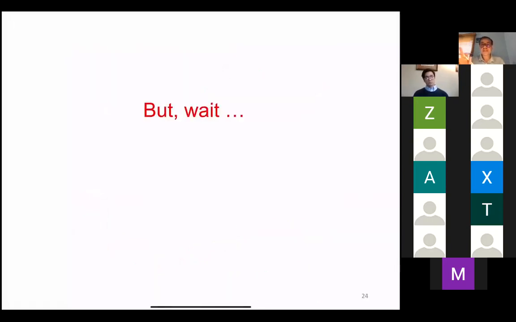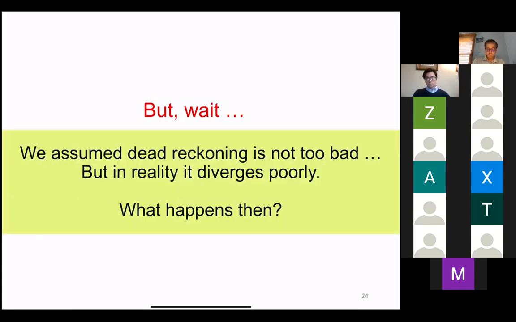But look, there's still a problem. There's a catch. We assumed that when you're computing those locations of the landmarks, those locations are pretty good. In reality, the locations will diverge over time. Right? Your PDR will diverge and you're not going to be able to do it correctly. Okay? So we assumed dead reckoning is not too bad.